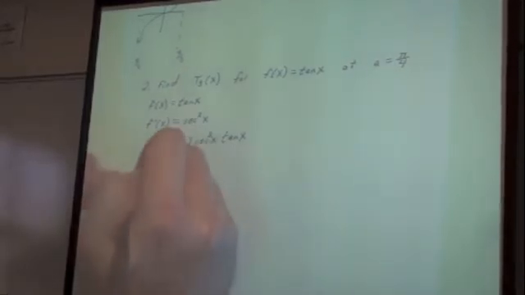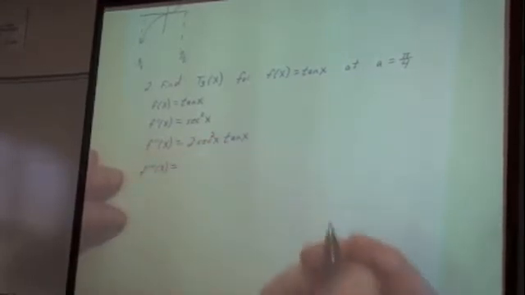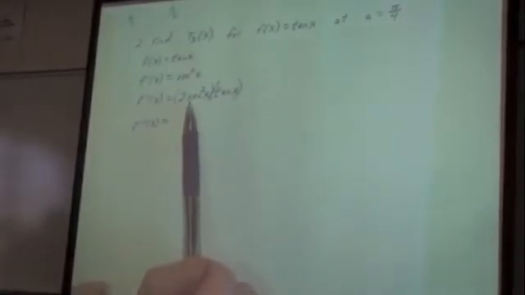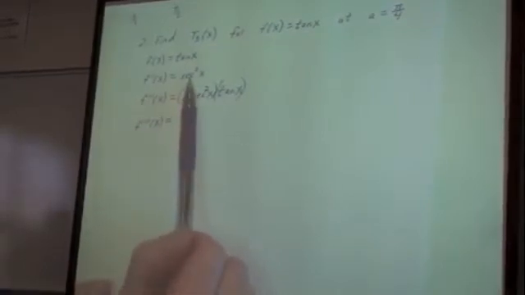Now, can we find the third derivative? We'll have to for the T3 approximation. Here's where I think of that second derivative: here's my first group, here's my second group. This is a product rule type of problem. I already know what the derivative of secant squared is.